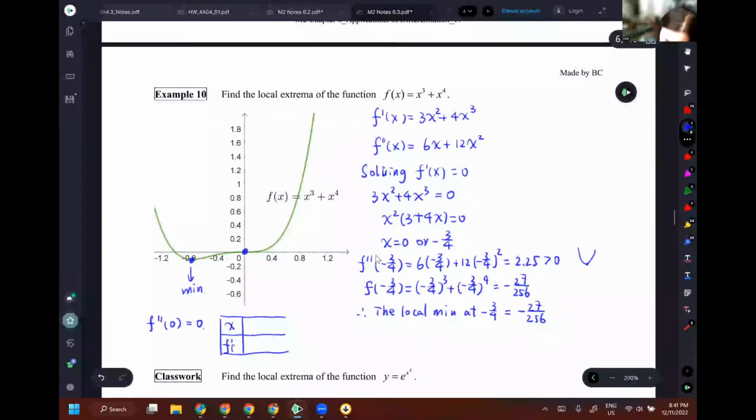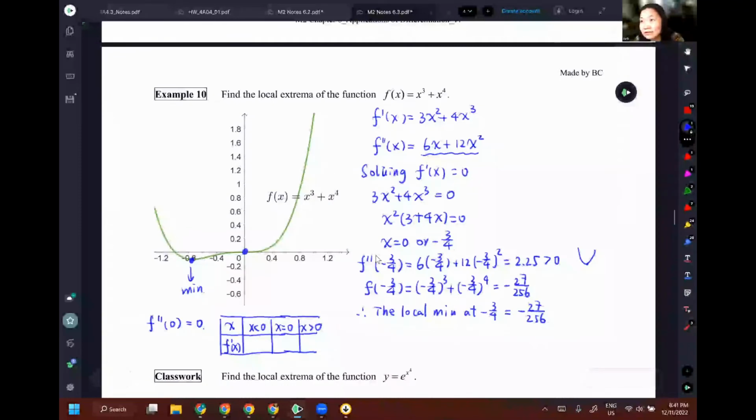Take the first derivative for x smaller than 0, x equal to 0, and x bigger than 0. And then you just put in a value that is slightly bigger than 0 and test.